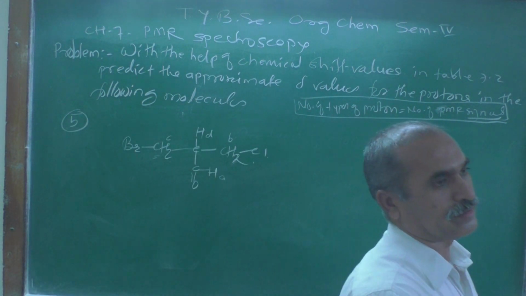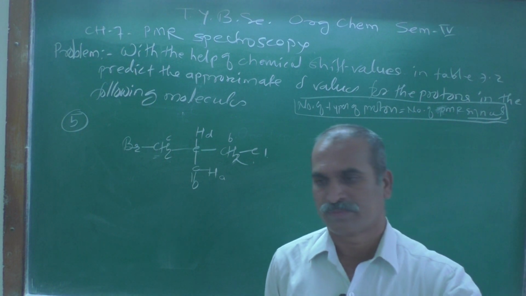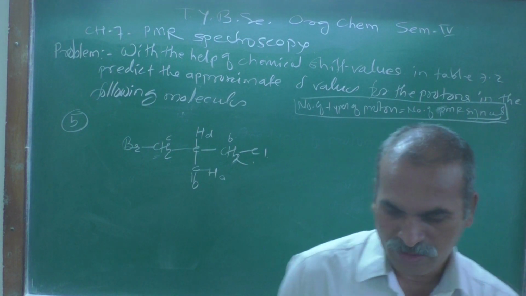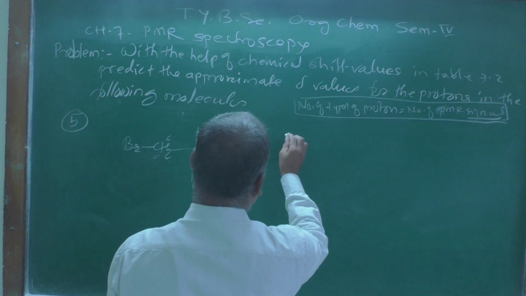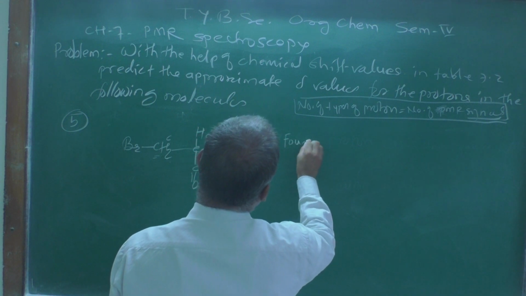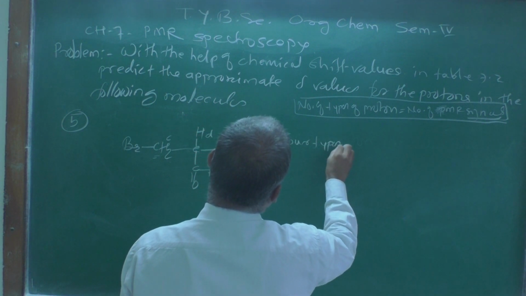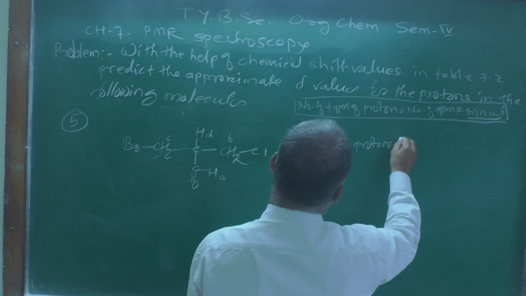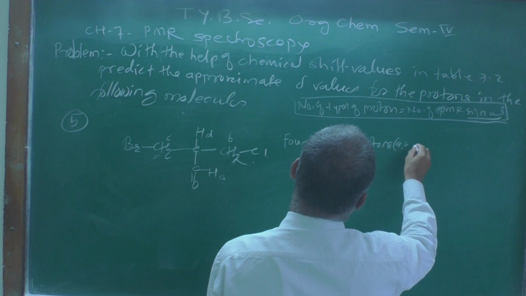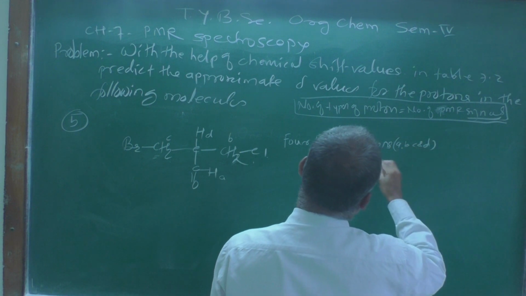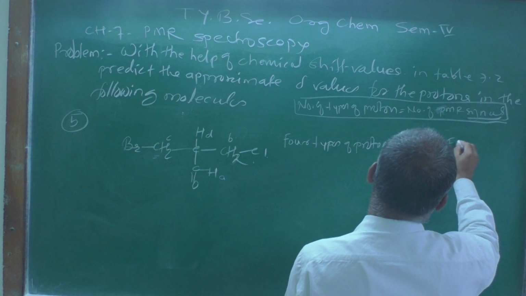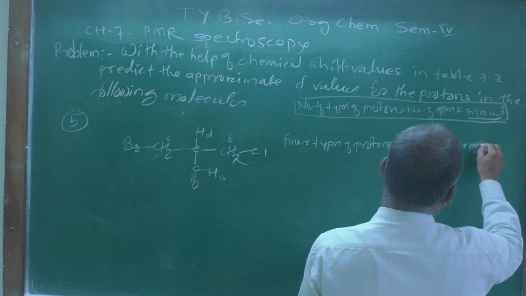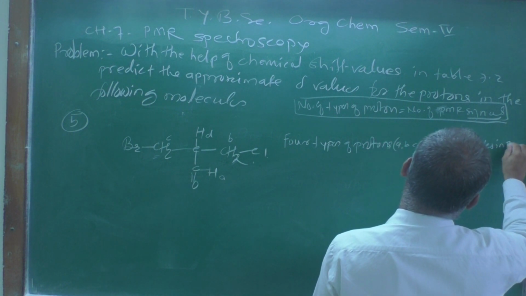Means out of 6 protons, 4 types of protons are there. So you can write 4 types of protons, A, B, C and D. Therefore 4 peaks in PMR.